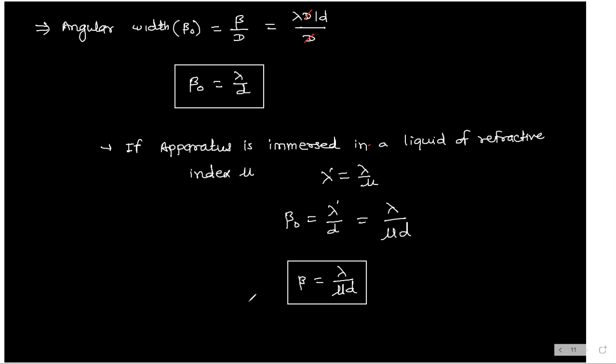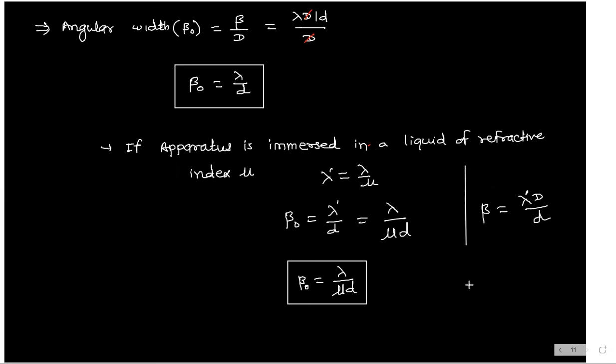One minute. Check it. Everything is right? This is beta naught. And if I want beta, beta is equal to what? Beta formula is what? Beta is lambda dash into D by small d. Okay, if they are asking beta also, you should find it out.